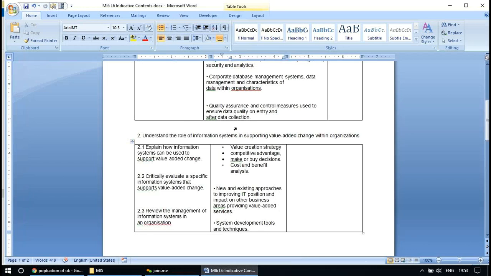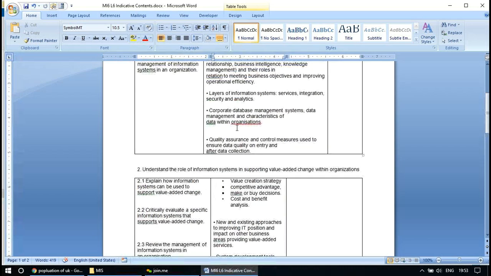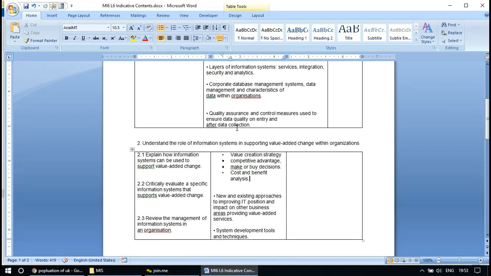We have already discussed the types of information systems and evaluation of information systems, so it is a repeating thing. What we will discuss today are these four things: value creation, competitive advantage, make or buy decisions, and cost and benefit analysis.